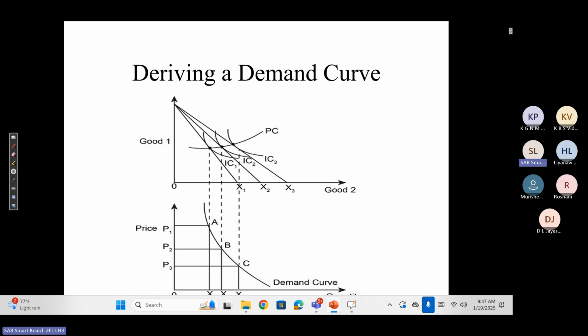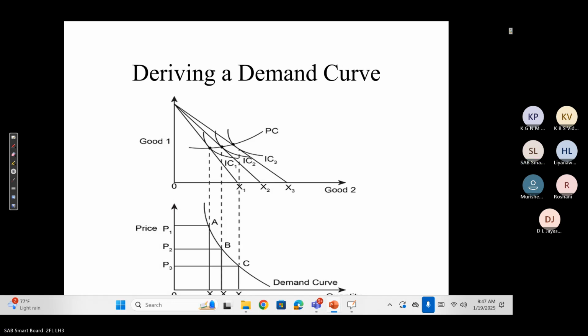When the price decreases from P1 to P2, the demand is X2, and at the lower price P3, the demand is another quantity. By combining these points, we can derive the demand.